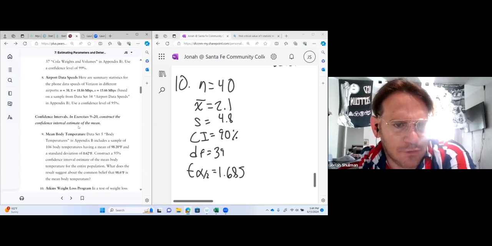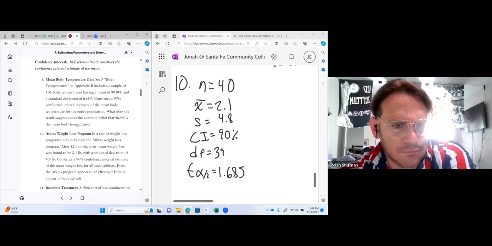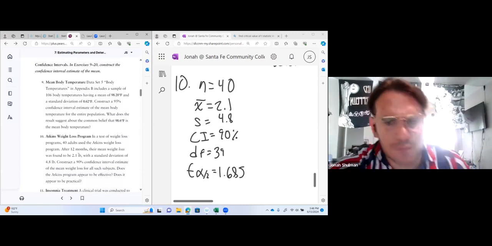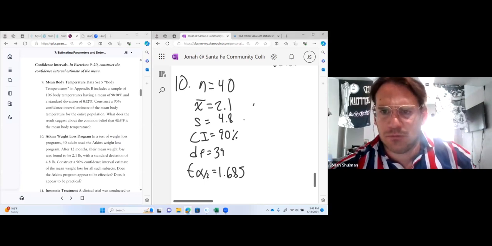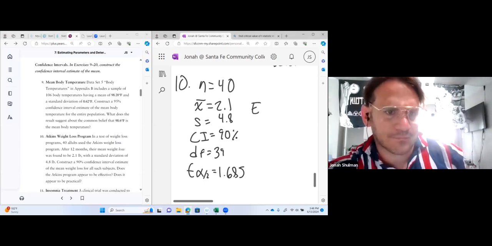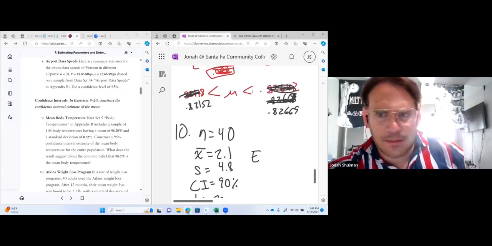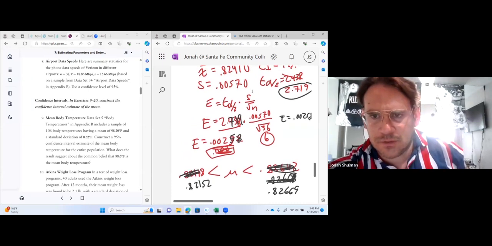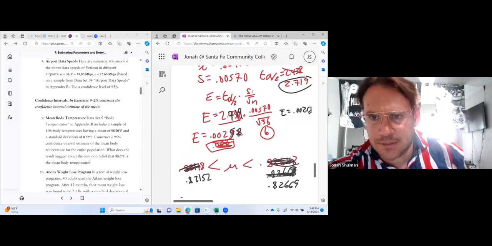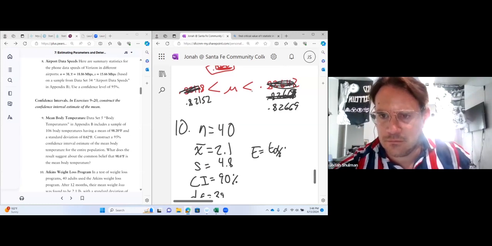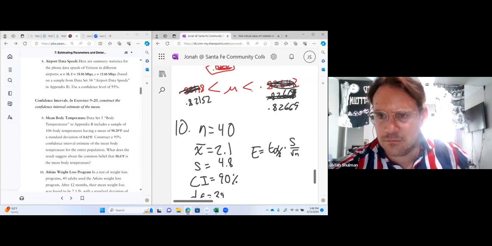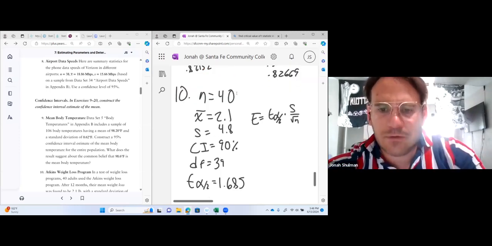Construct the confidence interval estimate of the mean. So this is just a sample standard deviation. So all we need to do is find the error, which we were doing before on top. So the statistic times the standard deviation divided by the square root of n. So we have our values.